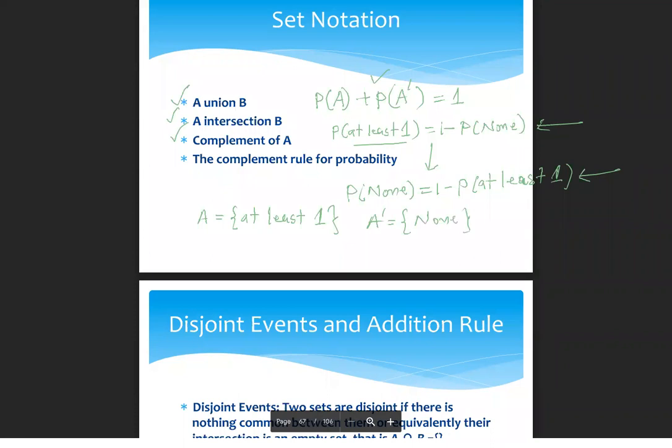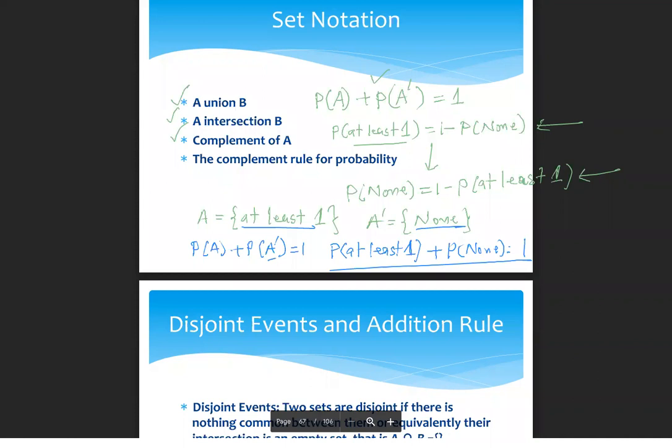So we know that probability of A plus probability of A prime is equal to 1, but instead of A, if we write at least one, so we have probability of at least one plus the probability of A prime, none, probability of none, is equal to 1.